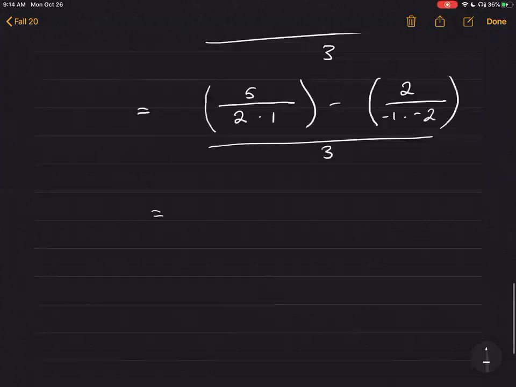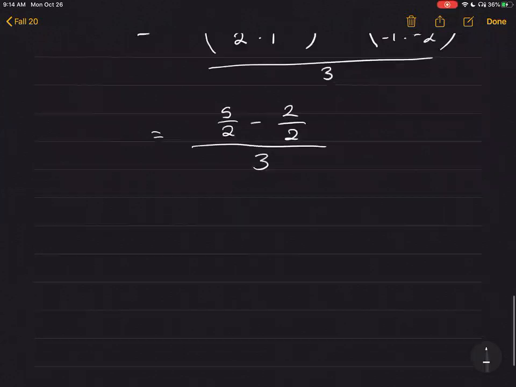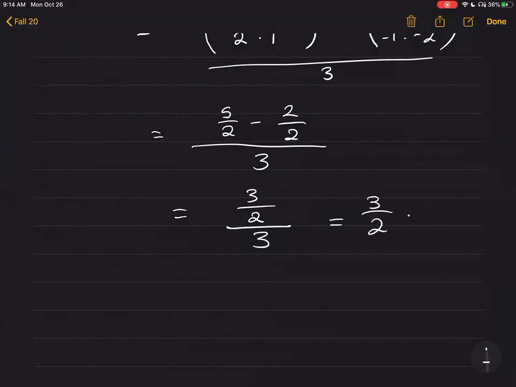And then that gives us 5 halves minus, and I'm going to leave this as 2 halves, so I can actually subtract them. And that'll give me 3 halves over 3. And then you can simplify that by thinking of it as 3 halves times 1/3. These 3's cancel, and we get 1/2.